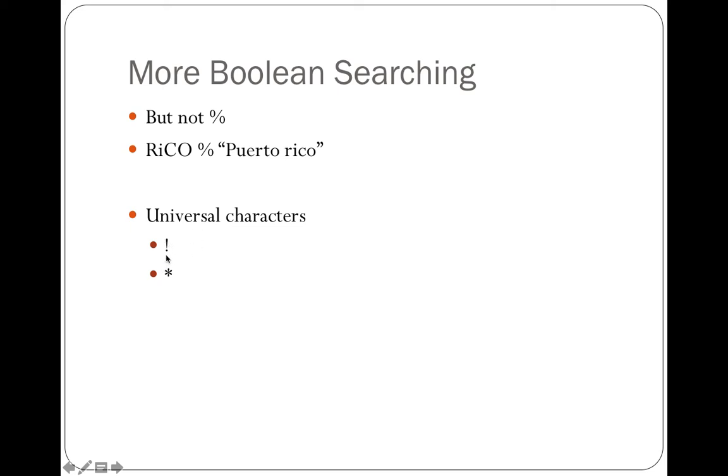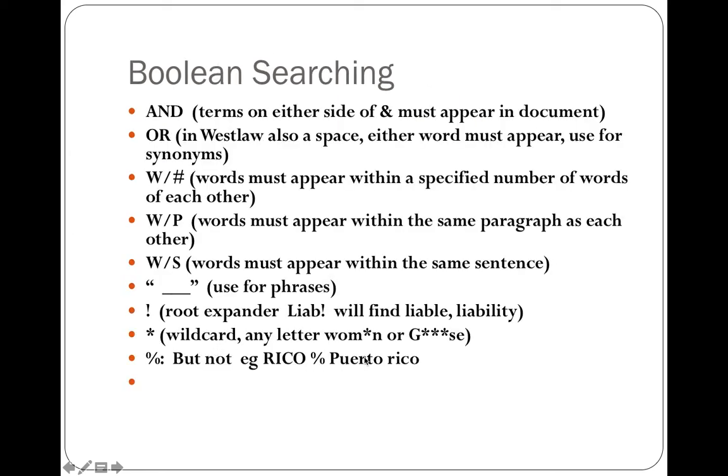Universal characters, we have our exclamation point, which is a root truncator, and then we have our little asterisk, and the asterisk is like a wildcard. It's like any letter. Okay, so women or woman, you put a little star there. Goose or geese, or if you don't know how to spell things, you can just put the little stars in there, and it's saving a space, an any-letter wildcard.